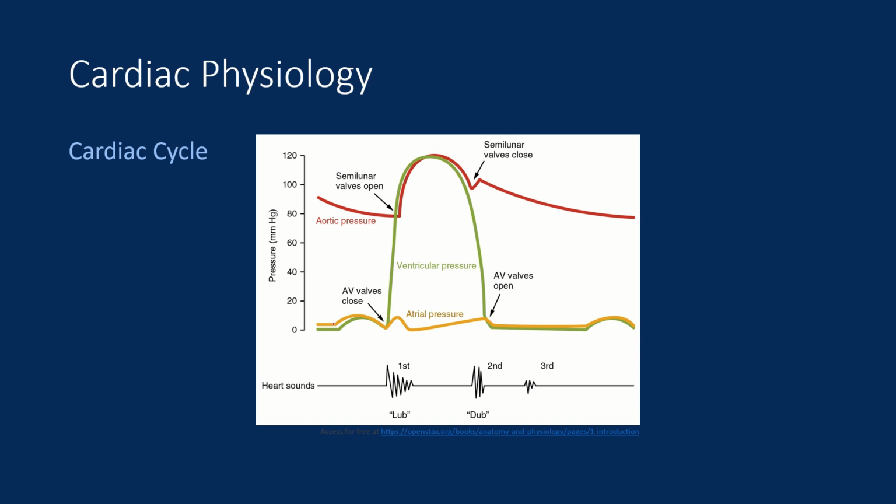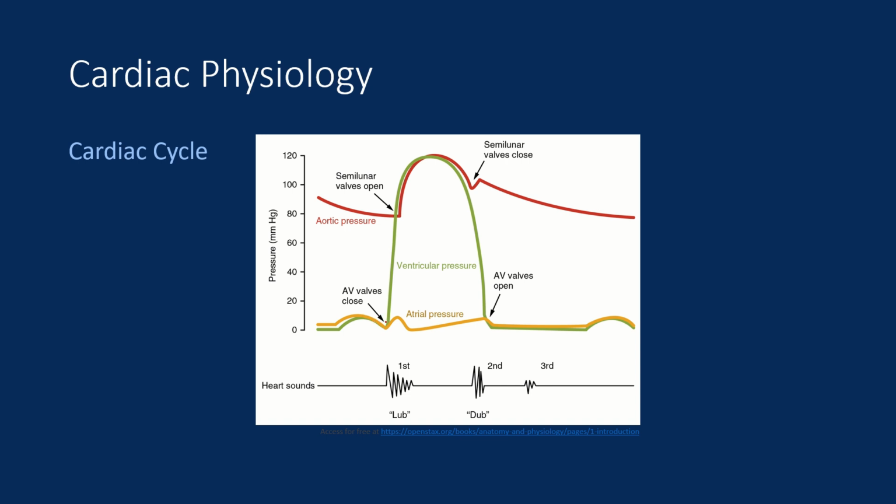We see the orange line here represents atrial pressure. So the ventricle will fill as long as atrial pressure is greater than ventricular pressure. And this increase in atrial pressure is the atrial contraction. This tops off the ventricle, preparing it to contract.